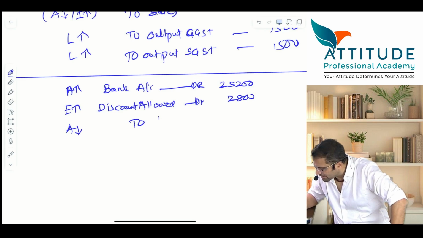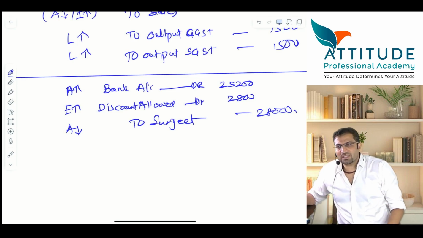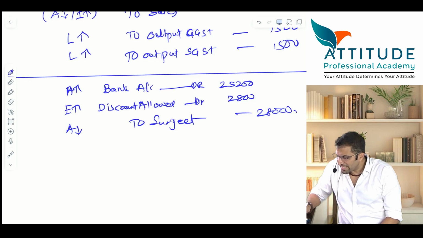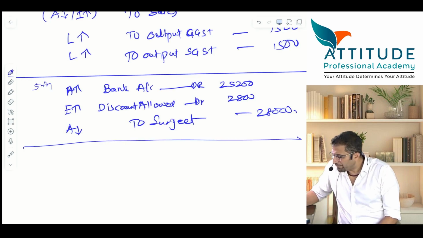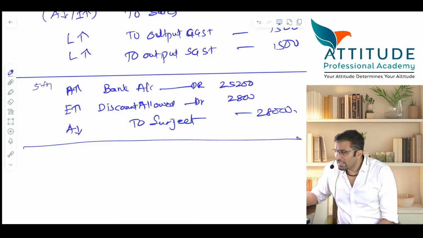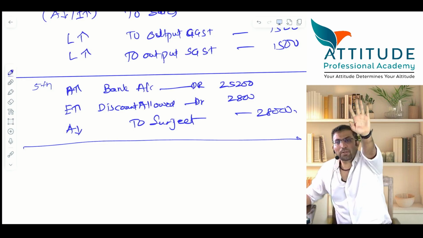Asset reduces, Surjit 28,000. Surjit account gets closed. Surjit account was earlier debited, now it is simple. This is on which date? 5th. Done? Clear? Shall we proceed? Are all of you able to understand?